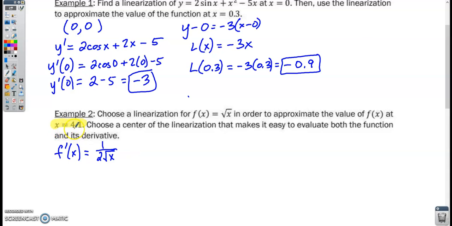And the value that I would pick that's close to 4.1 that comes out nicely in the original function and in the derivative is I'm going to center this at x equals 4. It's very close to 4.1, and the function and the derivative are both easy to find when x is 4.